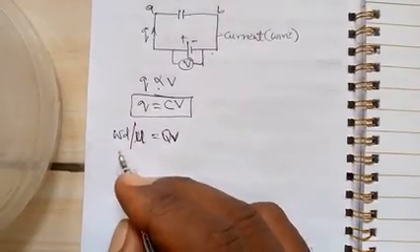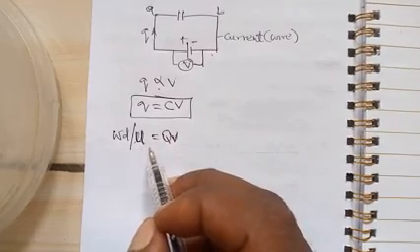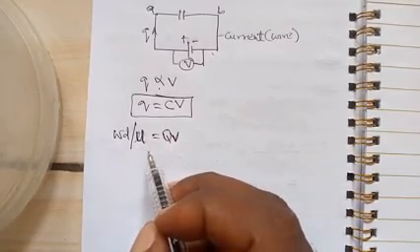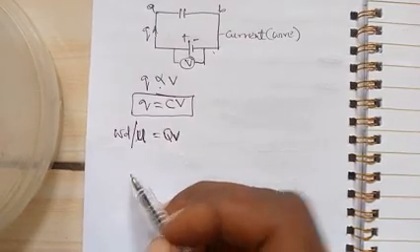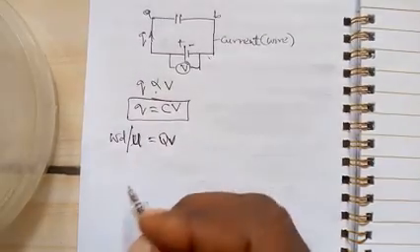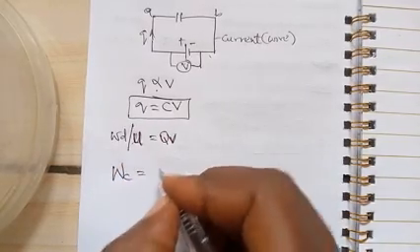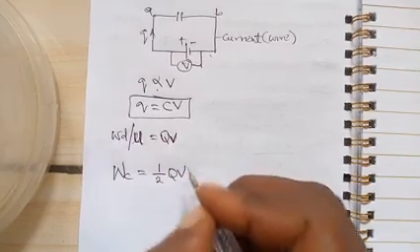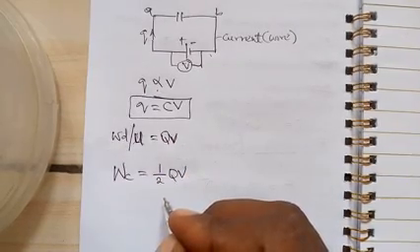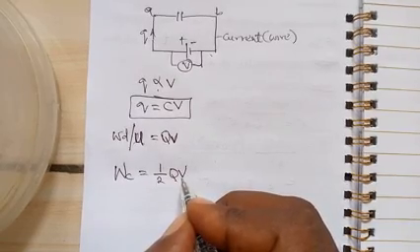Now the energy stored in a capacitor, you can't get all of it because some part is lost to the surroundings in the form of heat, light, radiation, etc. So for a capacitor, work done is half QV, where this is the charge and this is the potential difference.